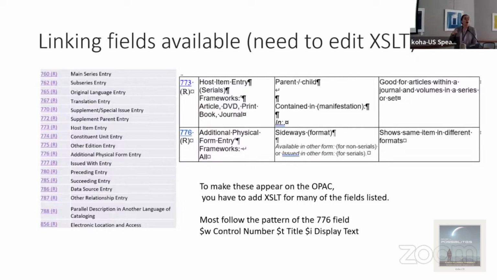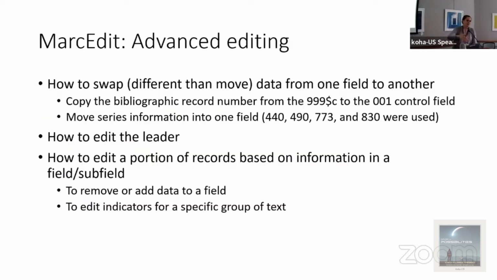And before, all of our links were in the 773. So I was also having to think, okay, wait a minute, this isn't a parent-child relationship. This is a print and electronic. This needs to go in the 776. Let's move these, and this is really a different edition, not part of a series. So I would move the one.